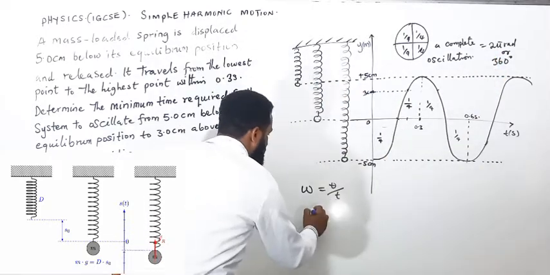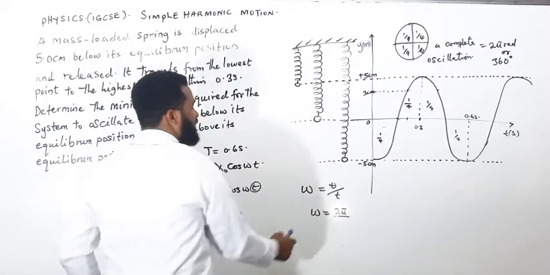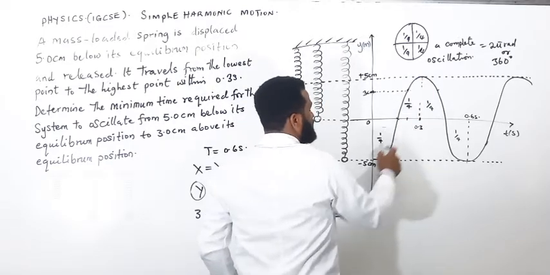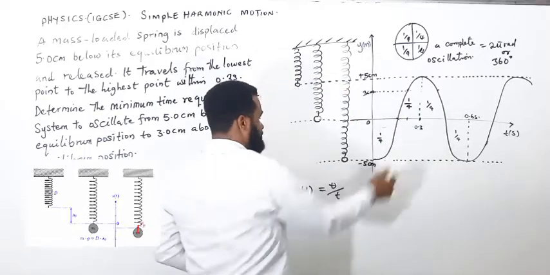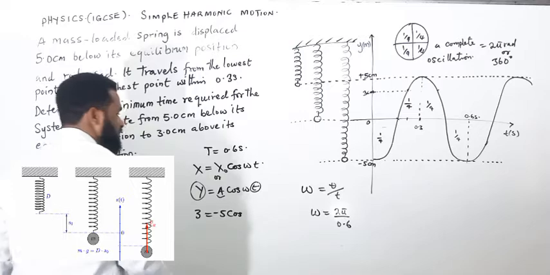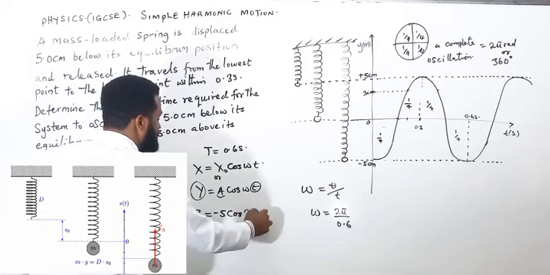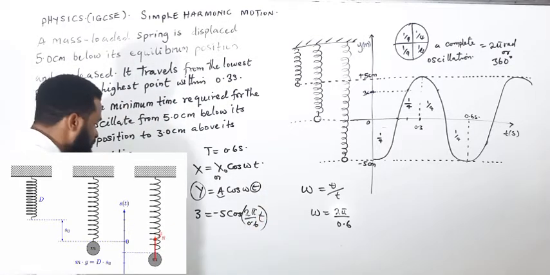So I'm going to say omega is 2 pi radians all over the time period. The time taken to reach half is 0.3. Therefore, the time taken to complete is 0.6. That's 2 times 0.3, which is 0.6. So coming in here, I'm going to put 2 pi all over 0.6, multiplied by t.